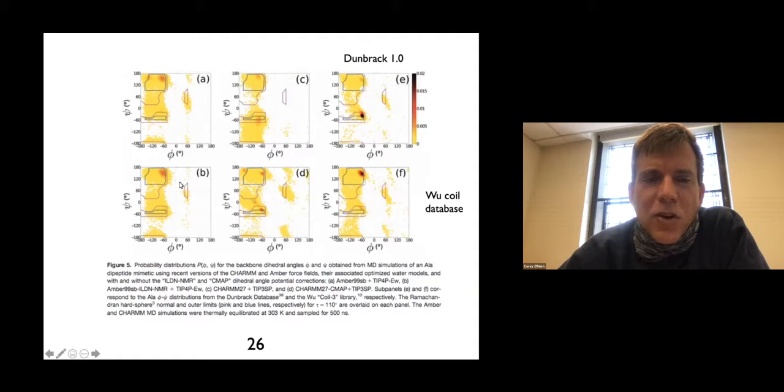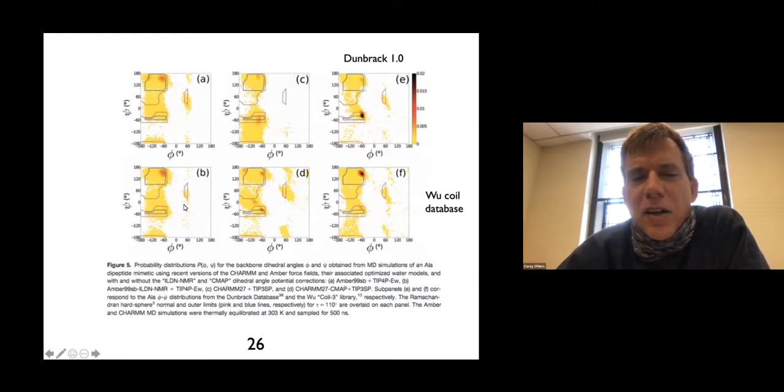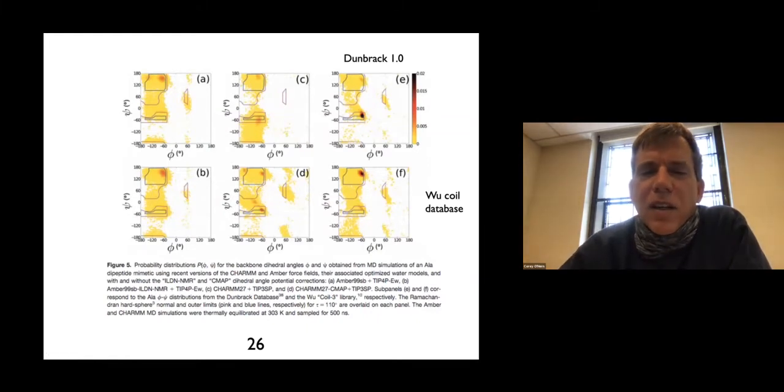You can also get different values in the middle section. For example, in panel C, for this particular CHARMM force field, there's not a lot of values at psi equals 0 degrees, whereas in some of the other force fields there are. And again, they also don't agree on the relative beta and alpha helical content.